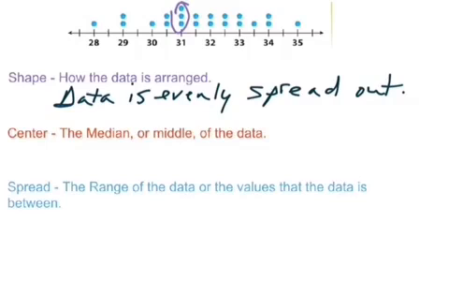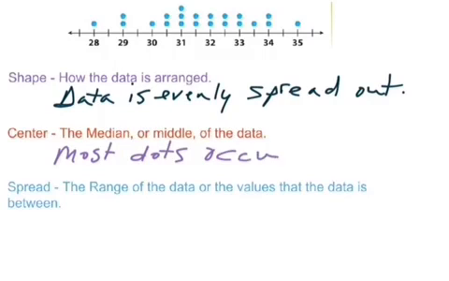But I'm going to say that the median or the center of the data is where most dots occur, at 31. So that's a quick little observation about this dot plot.